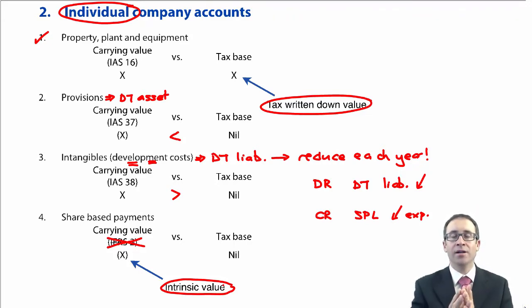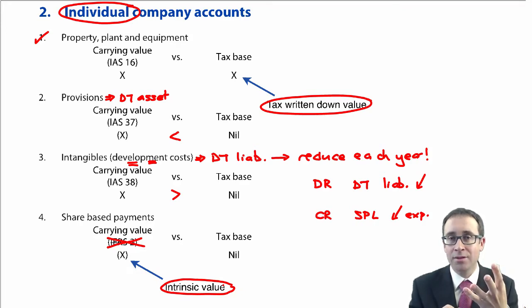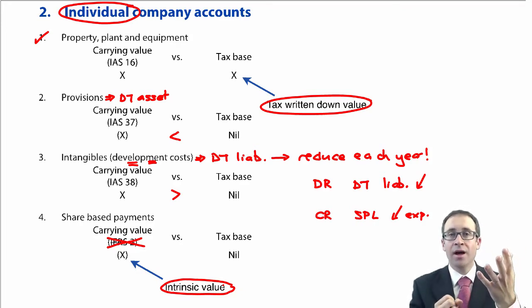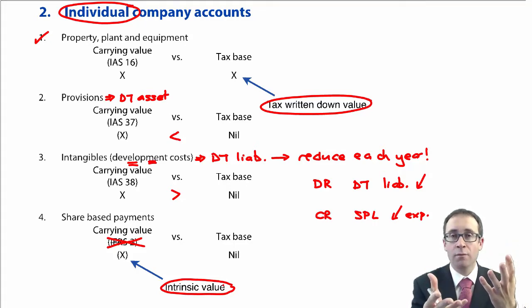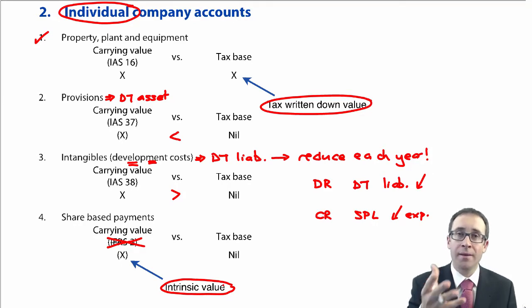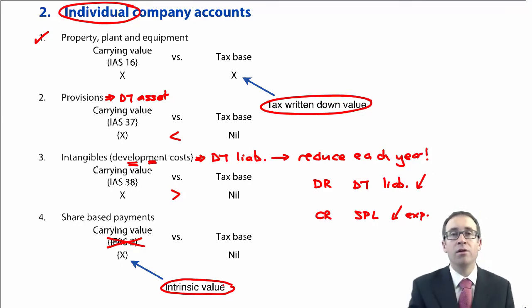So if you had a share worth, say, $10 that you could buy, and to get it, you could pay $8 as part of the option, the intrinsic value is the difference between the 8 and the 10. So the value that you get if you were to buy the option and immediately then sell the share, you would generate $2, and that is factual. You know how much you can pay to get the share, you know how much you can then sell it for, and that is the intrinsic value.